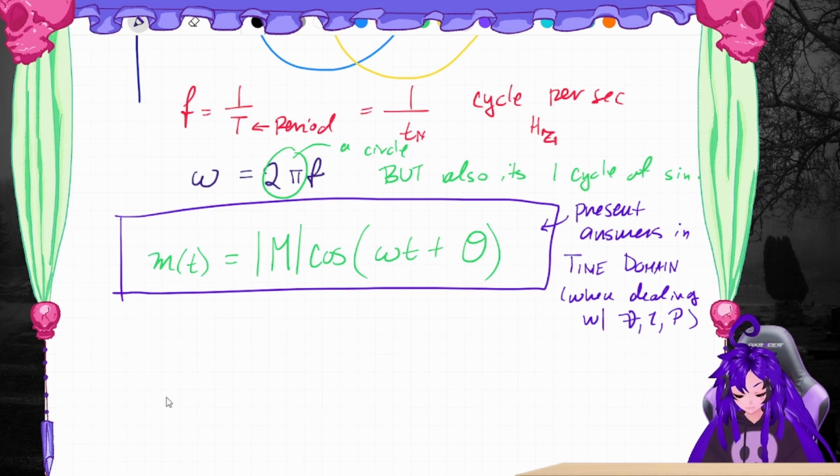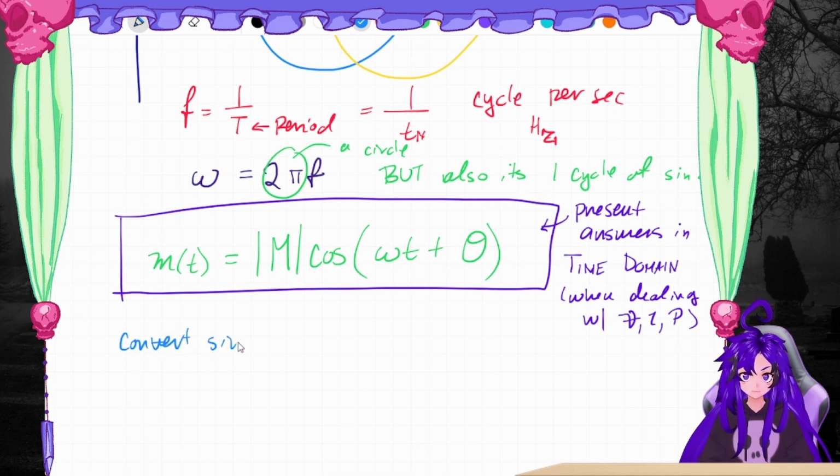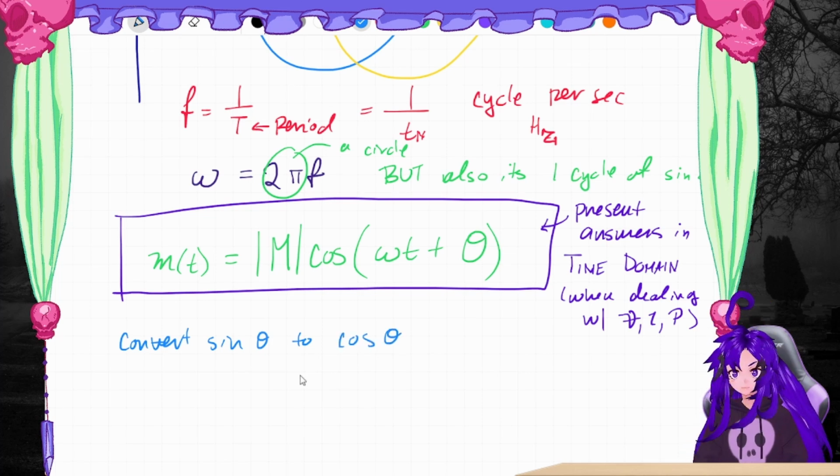So we've got this. And if you need to convert, you can convert sine theta to cosine by subtracting 90 degrees.